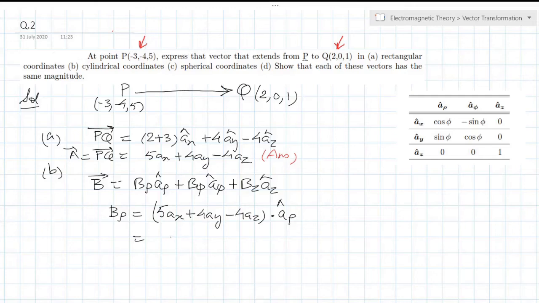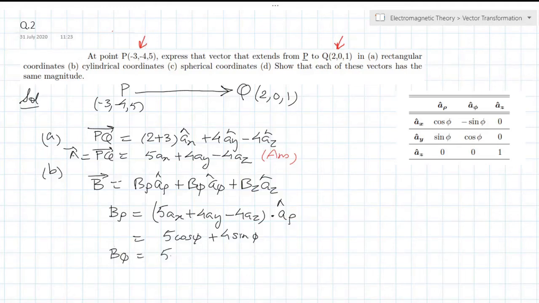The answer will be 5 cos phi plus 4 sin phi. Let us leave it like this only. I have used the table. I am not pointing it out now, but I am using the table here as well.